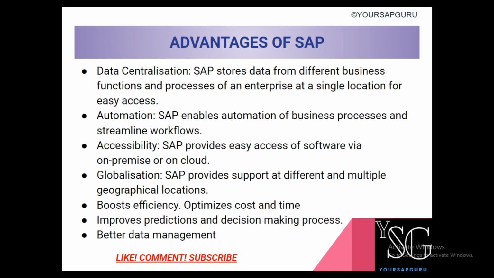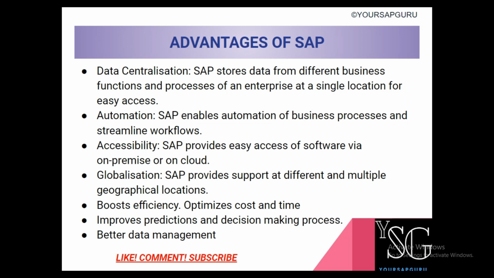Now we will understand what advantages SAP has that make it so successful, and that give it a near monopoly in the market. Data centralization: SAP stores data from different business functions and processes of an enterprise at a single location for easy access.